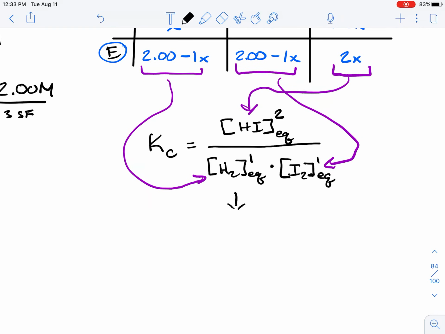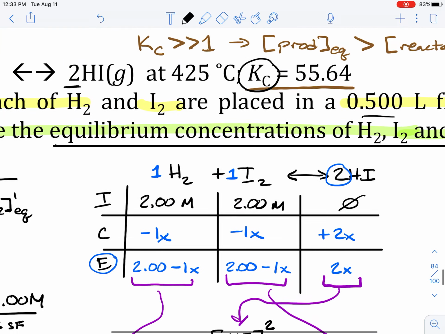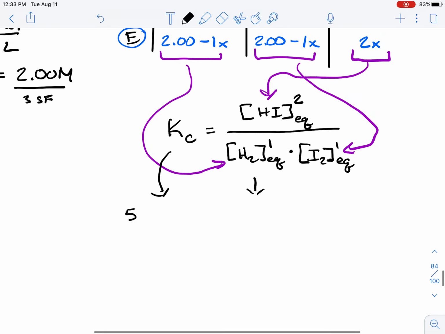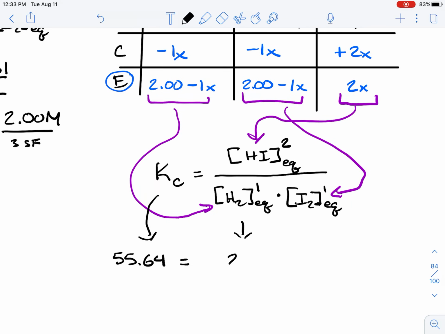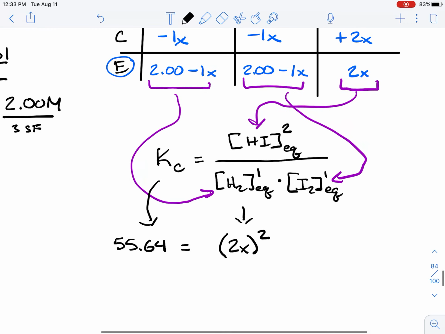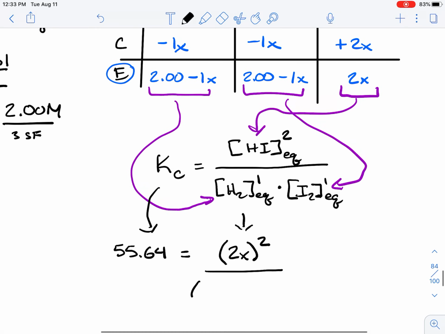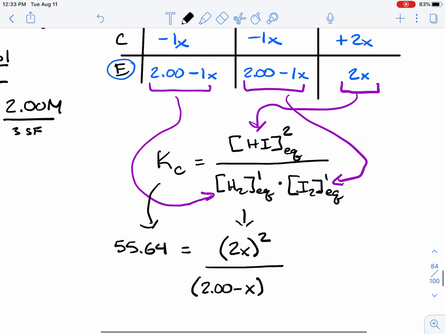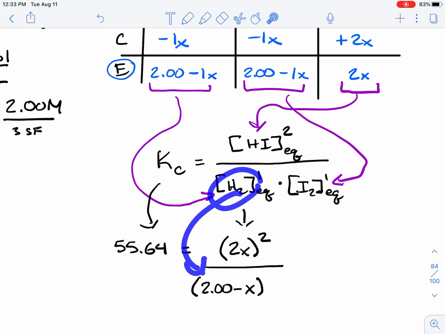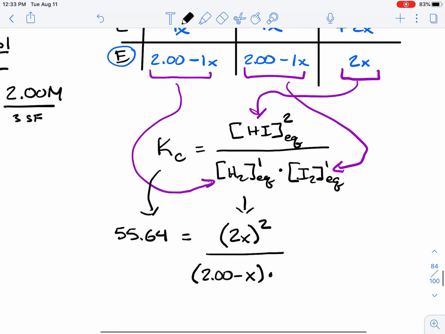And I'm going to plug in the value for Kc, which is 55.64. So what we get is 55.64 is equal to 2x. Now, remember that there's a squared, so please don't forget your exponent. So 2x squared over 2.00 minus x, that's for the H2. And it's the same thing here for I2, so I'm going to put in times 2.00 minus x.